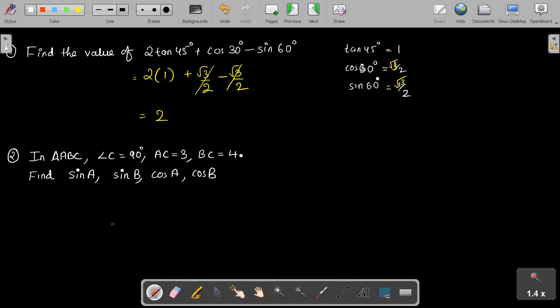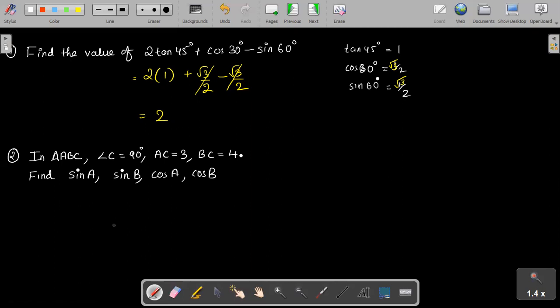So you have to write the formula and write the values. Suppose in the exam the diagram is not given, still you should be able to draw the diagram based on this statement, the information in this question. It says there is a triangle ABC. Obviously it's a right angle triangle because they already mentioned that angle C must be 90 degree. So the other 2 points A and B should be the other 2 vertices of the triangle.